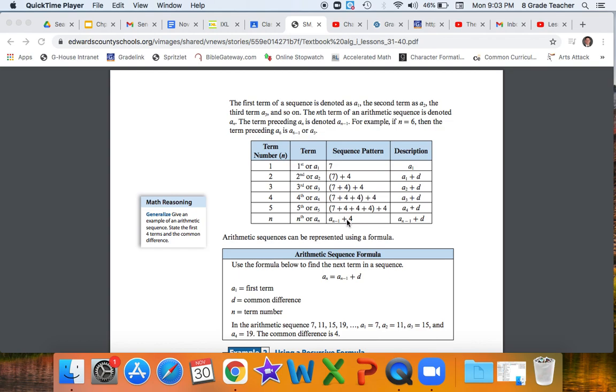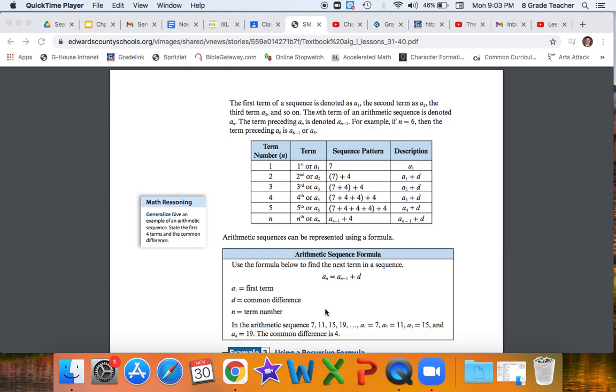I can find any term in the sequence. Arithmetic sequences are represented by this formula, where a1 is the first term, an minus 1 is the previous term, and d is the common difference. So in the arithmetic sequence that's listed, 7, 11, 15, 19, this is 7. 7 plus 4 is 11. 11 plus 4 is 15. 15 plus 4 is 19, and so on.